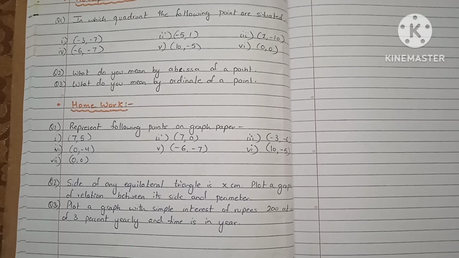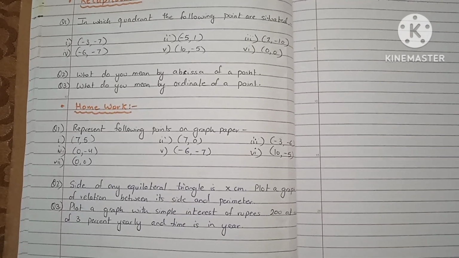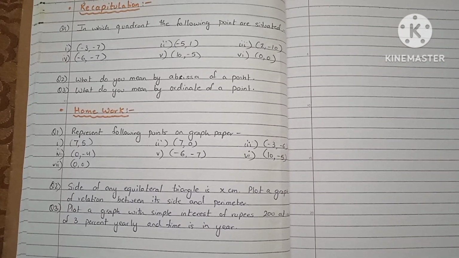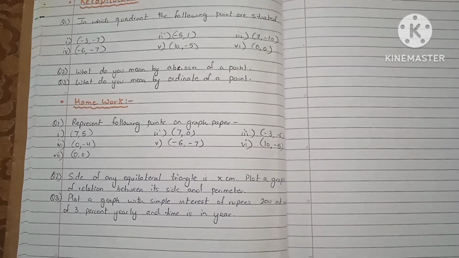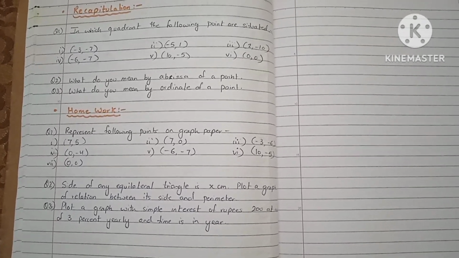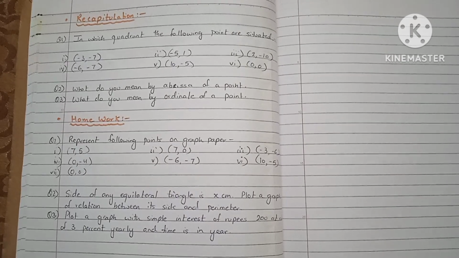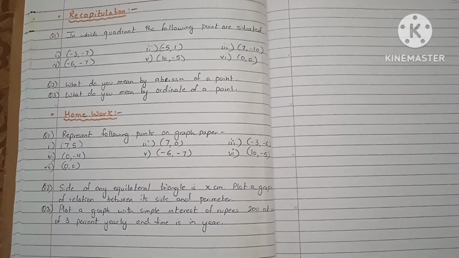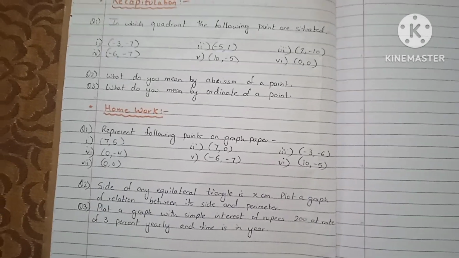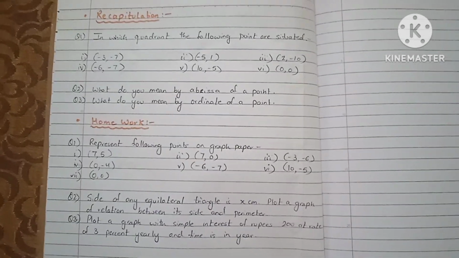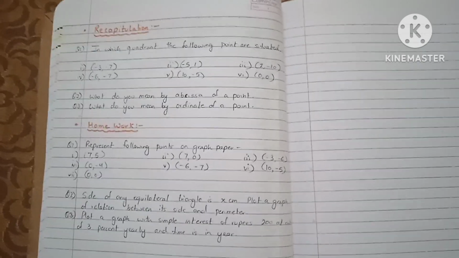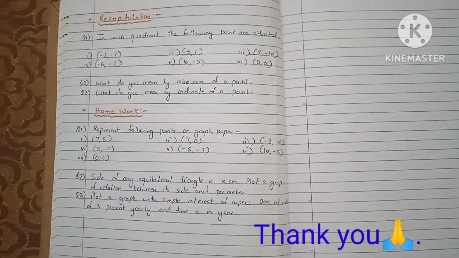Second question is, the side of an equilateral triangle is x centimeters. Plot a graph of the relation between its side and perimeter. Third is, plot a graph of the simple interest on rupees 200 at a rate of 3% yearly, where time is in years. That's all. Thank you so much.